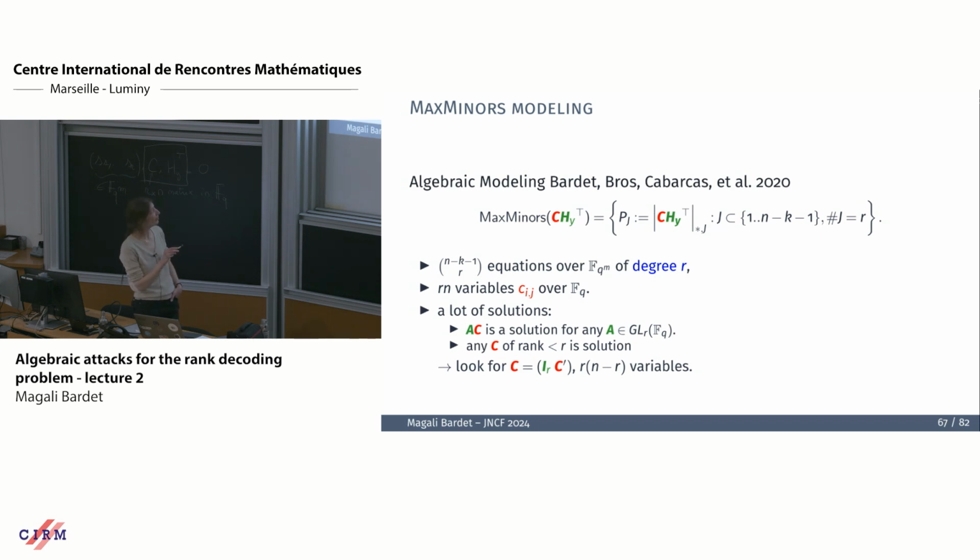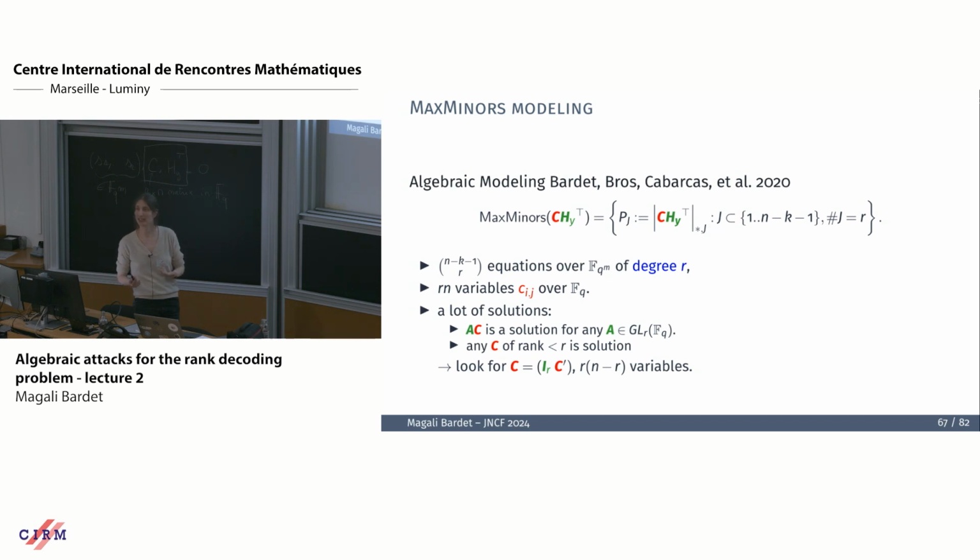So the idea is to make a bet that the first columns of C are independent. It will be the case if the first R coordinates in the error vector that you generate are a basis of the support of the error.